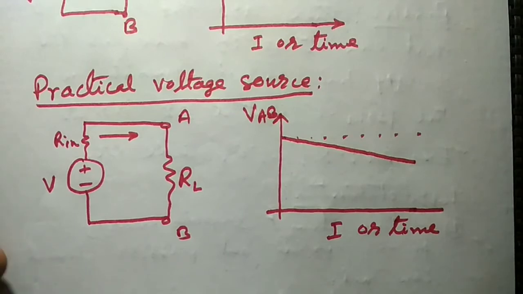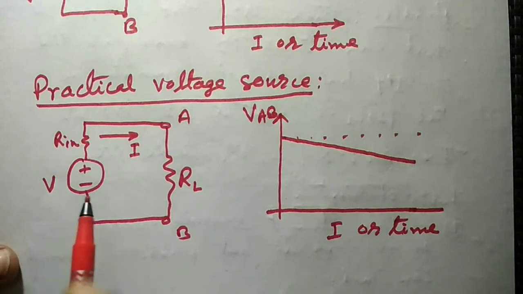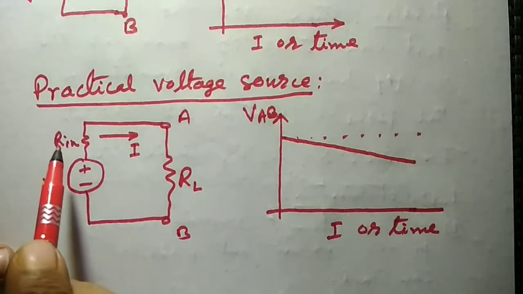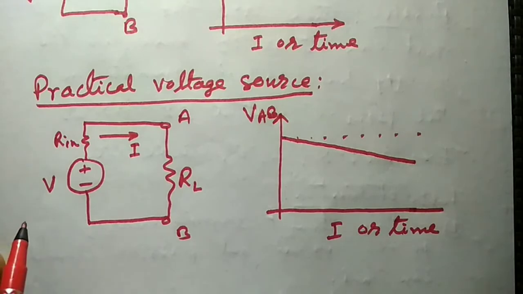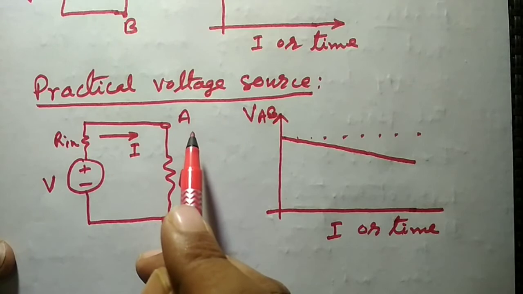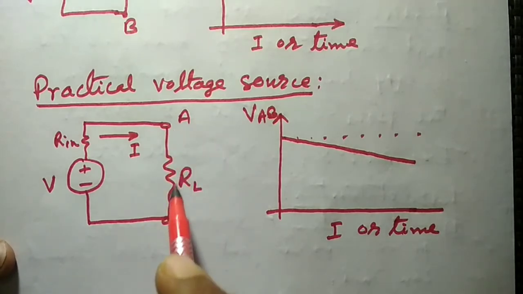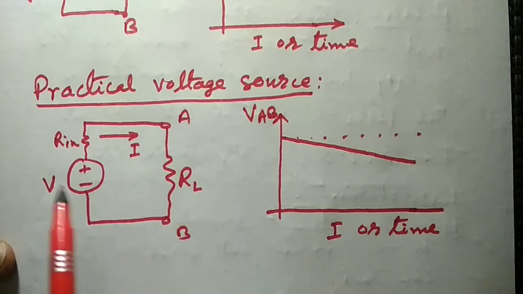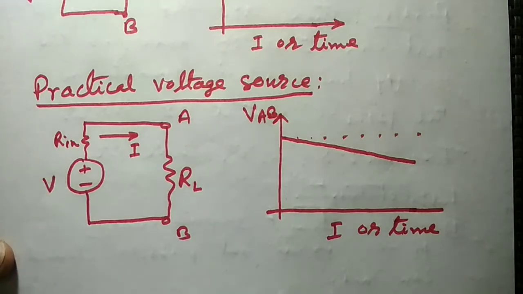This is because if the current in the circuit is gradually increasing, then there will be a voltage drop across the internal resistance of the source. Therefore, the voltage obtained across the load resistance will gradually decrease, and this is because of the voltage drop in the internal resistance of the voltage source.